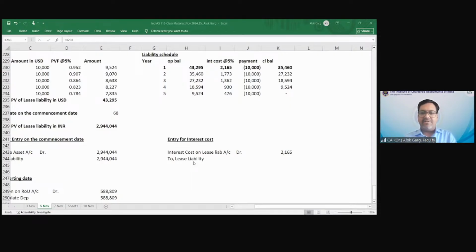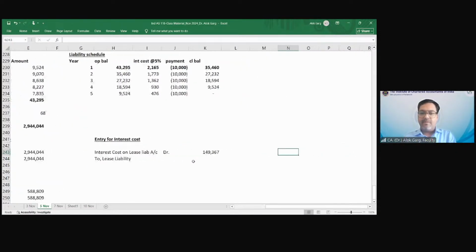So 2165 multiplied by 69. Interest expense to be converted at average rate, to lease liability.